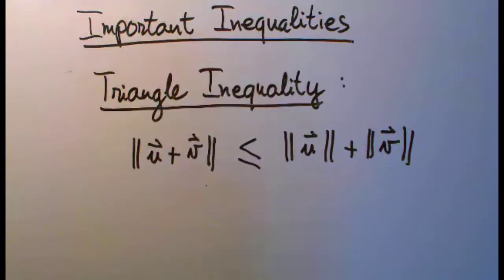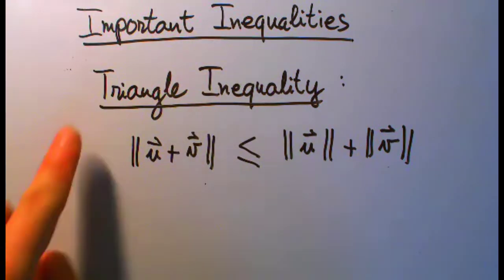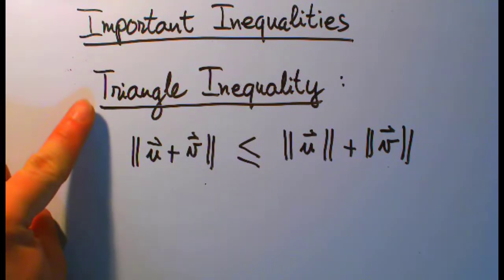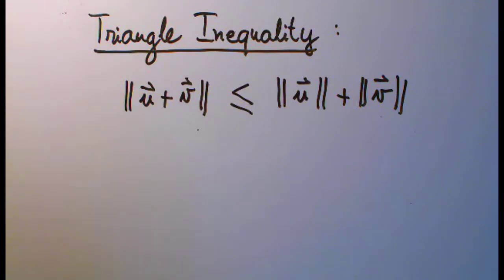I don't need to give a formal proof here for this triangle inequality. However, I can do a quick geometrical explanation of why it's true. You can see that the name of this inequality is quite famous. It's called the triangle inequality. So let me now pretend that we're in a triangle.